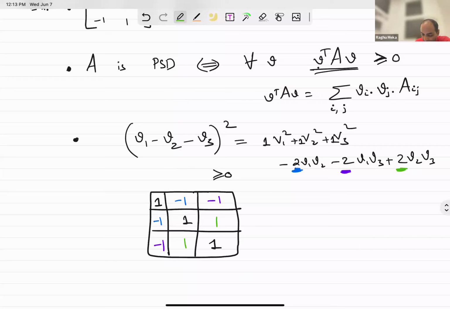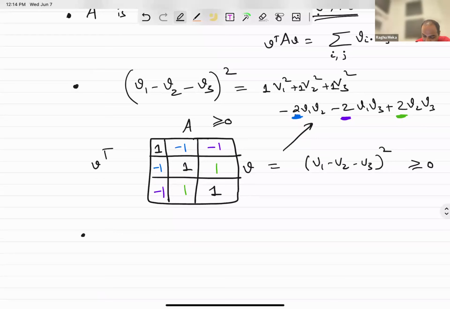If I look at this matrix A, V transpose AV equals this expression, which we know is V1 minus V2 minus V3 whole squared. So this is always non-negative. That's one way to get it.